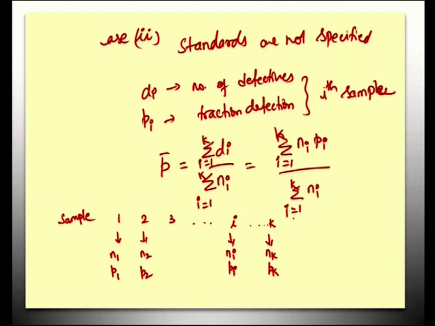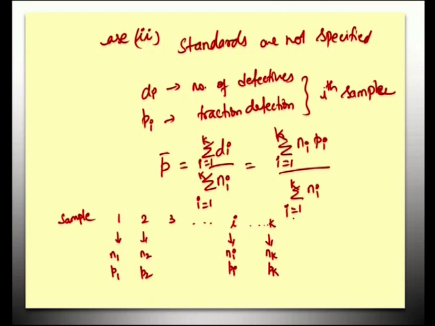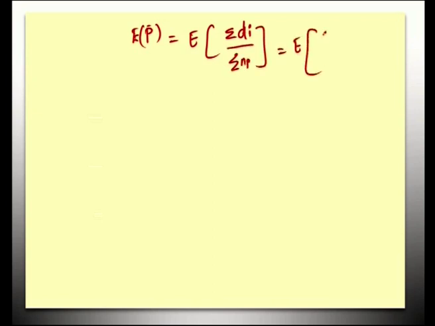Okay, what are we going to do with this P bar? We have to write the formula for CL, UCL and LCL of P when the standards are not specified. So we have E of P bar, the expectation of P bar, is equal to the expectation of summation Di by summation Ni, or the expectation of summation Ni into Pi by summation Ni, where i is equal to 1 to k, and this is nothing but the population proportion.